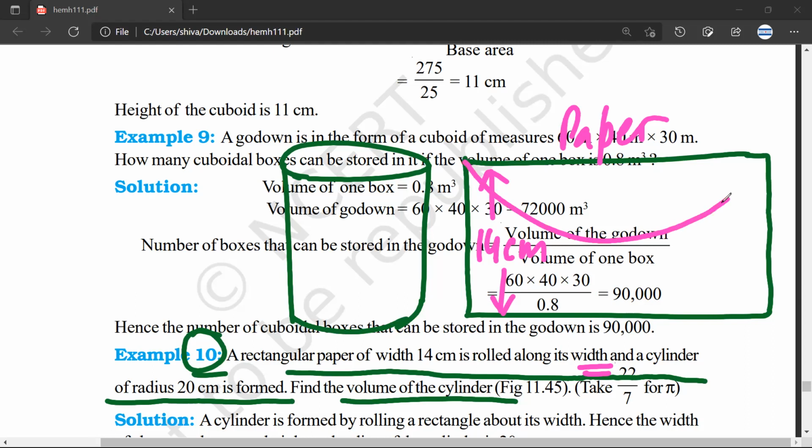You join this edge and this edge, and then you roll it and you form a cylinder like this. Mr. Satya, any doubt till here? No doubt. Okay. The cylinder which is formed has a radius 20 centimeter. Mr. Sarthak, is it correct? Yes.